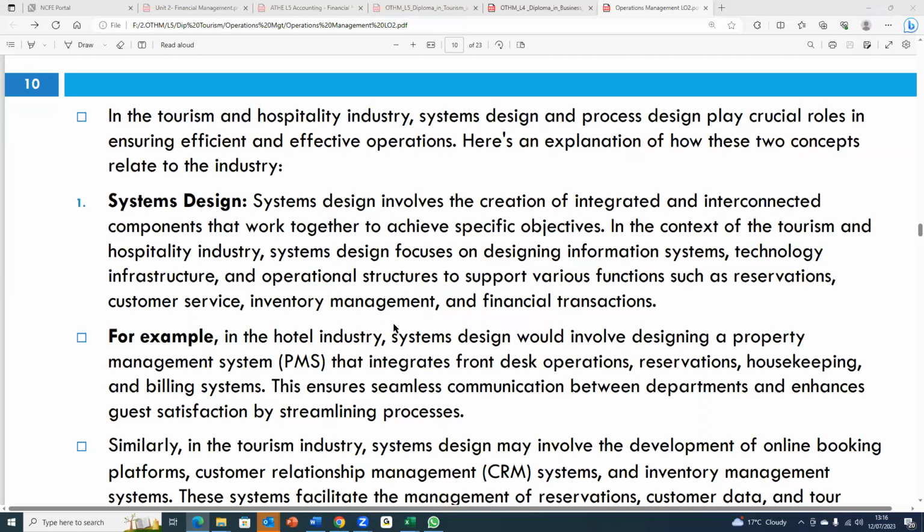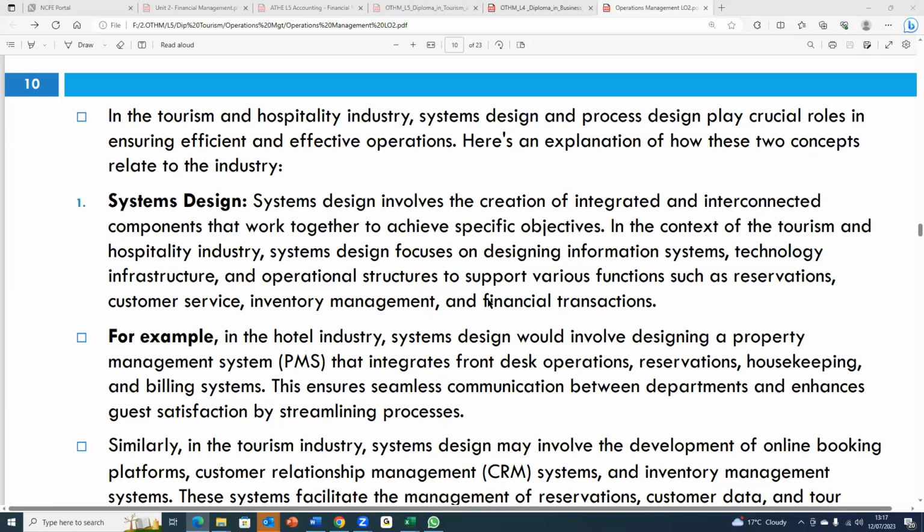These systems are there, like information systems or technical infrastructure or operation structure, to support various different functions, such as reservation. For example, when you reserve a hotel accommodation, or when you reserve some rooms, for example, or when you have customer services or inventory stock, when you want to supply, or when you want to order, you want to make sure these systems are working.